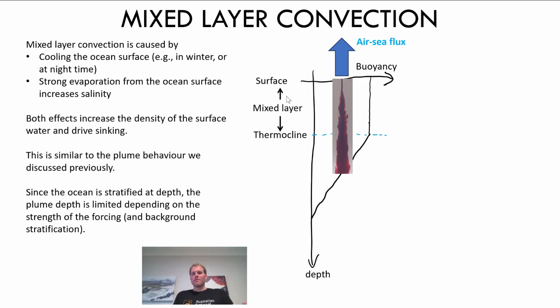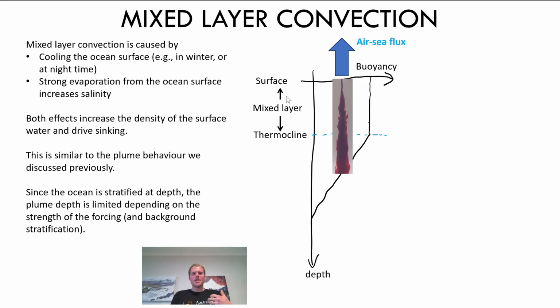Now, it's a stratified environment because although the mixed layer might be well mixed up by the wind, at some depth you reach what we call the thermocline or the pycnocline, and then the density tends to increase quite rapidly with depth, or equivalently the buoyancy reduces with depth.